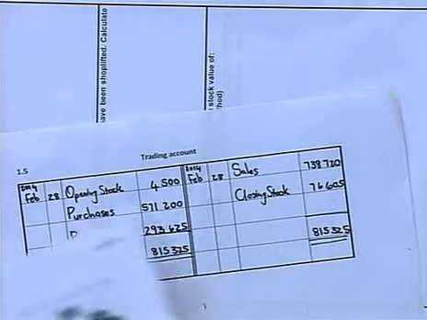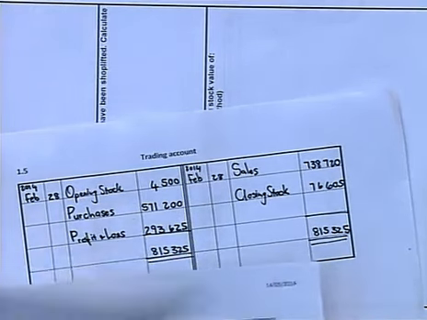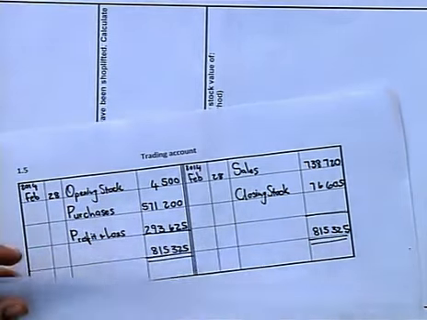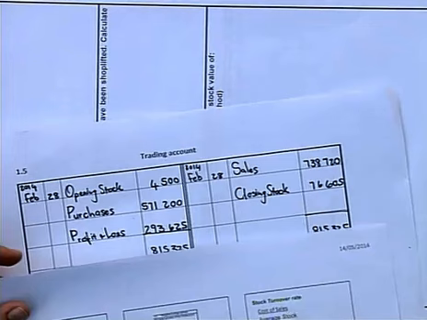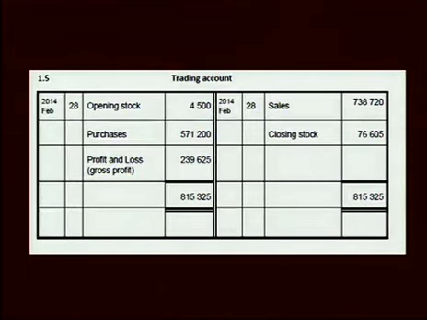Okay, and for those of you who cannot clearly see my handwriting on the screen there, maybe it's got a bit of a glare in it, just make sure that you've got the correct answer there. 815,325 or the balancing amount in the balancing block, but the important thing is that this is the amount that you are taking to your profit and loss account.